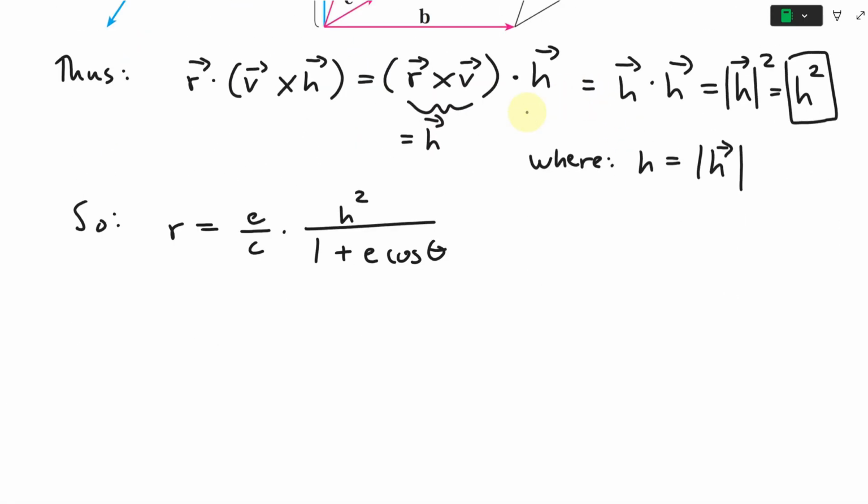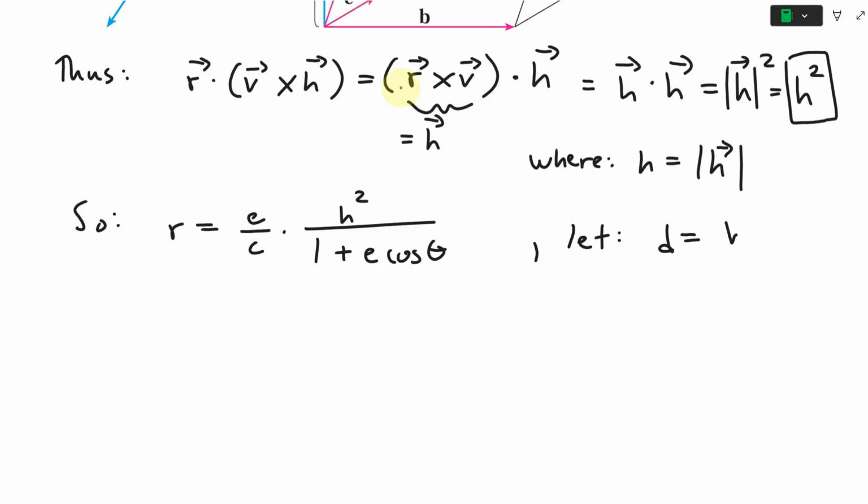All right, now before we go further, I'm going to let D equal this, so that we basically see this H squared there. Let's get rid of those. The reason is we want to make it look like the ellipse. This is the directrix.